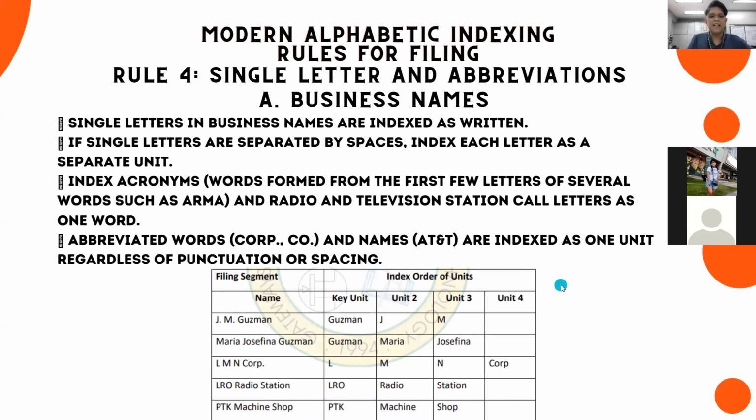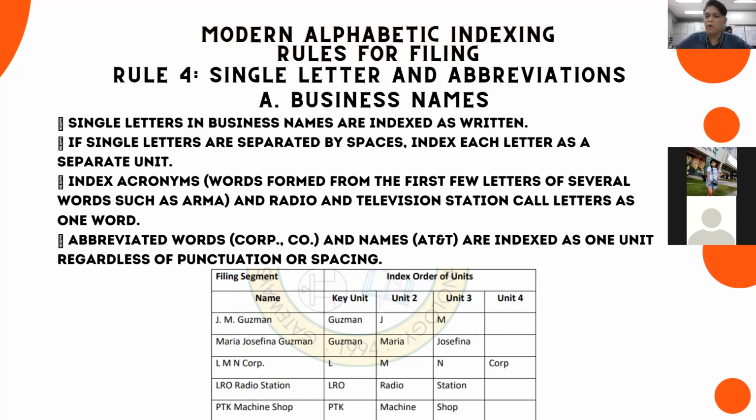The key unit is the surname, or the first word, or the main key of the business. For example, JM Guzman. This is a Guzman Corporation, so Guzman. Maria Josefina Guzman: you are addressing Maria Josefina, but the major key is Guzman. LMN Corporation: the key unit is L, because that is the first letter we use.